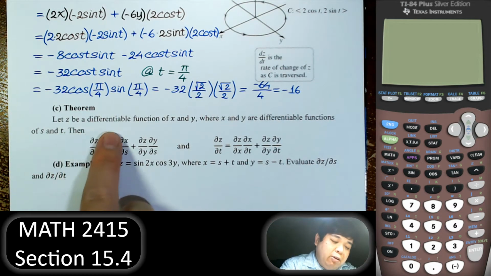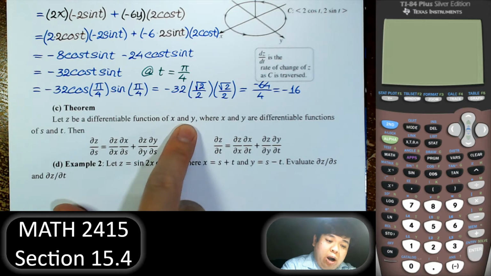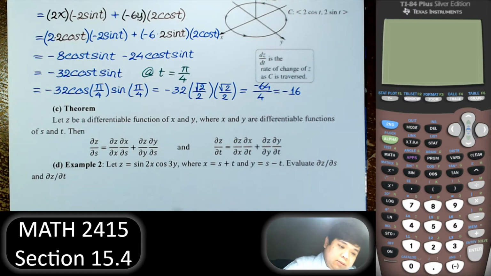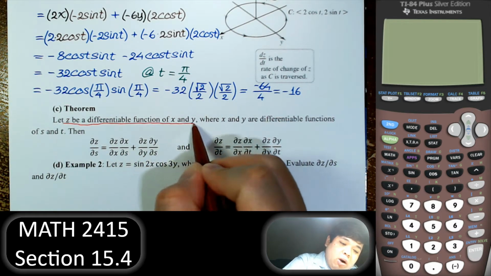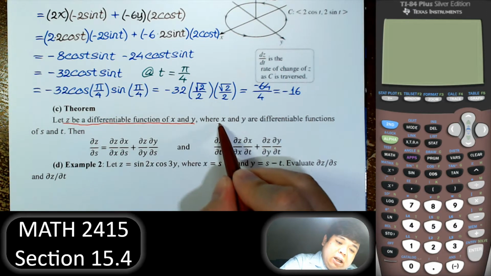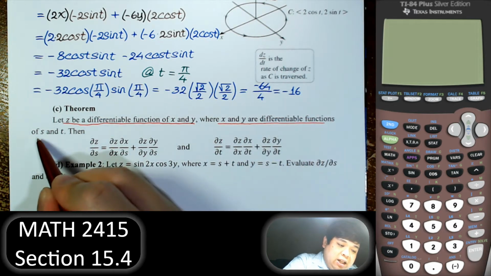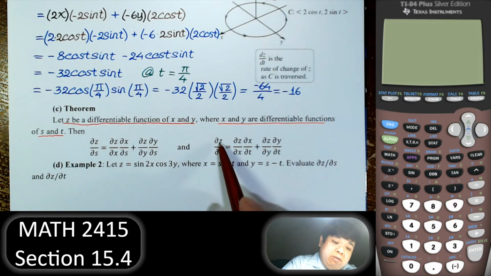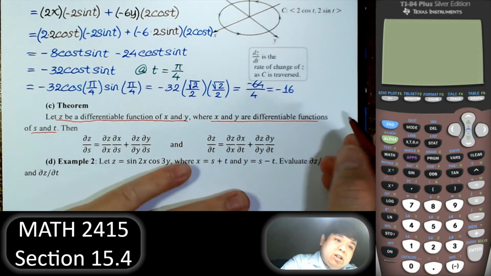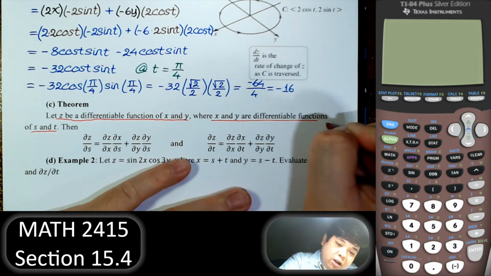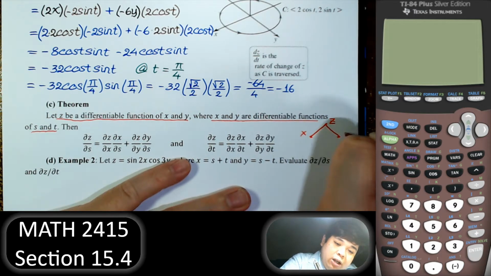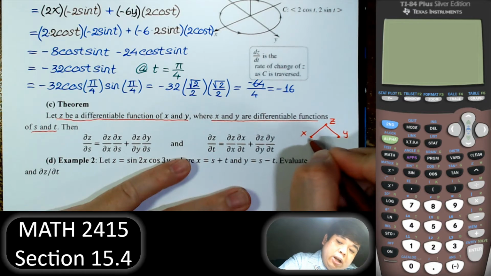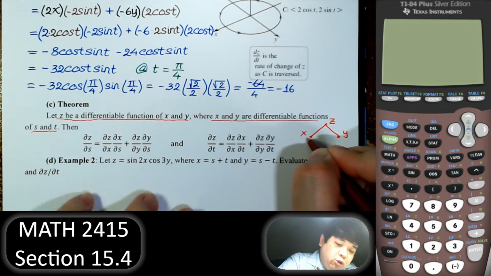Let z be a function of x and y, where x and y are functions of s and t. Then we have the derivative of z with respect to s and the derivative of z with respect to t as follows. So once again we draw a diagram. We start from z. Z has two variables, x and y, and each of x and y is a function of two variables s and t.